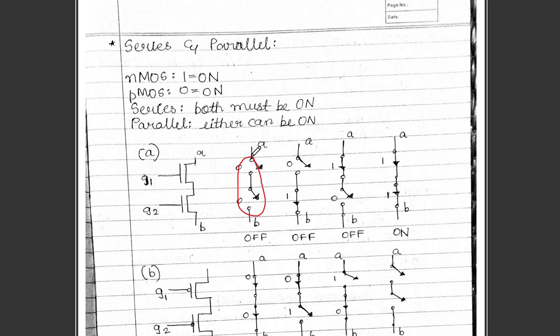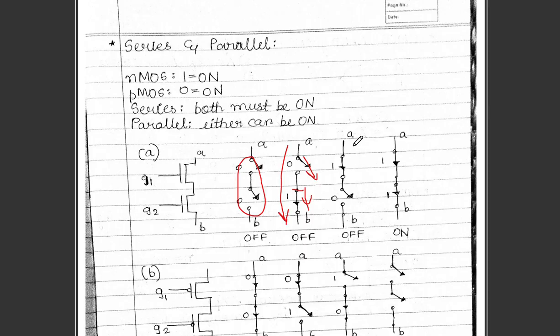Next, when A is equal to 0 and B is equal to 1, A is 0 so the transistor or switch is in off state and hence there is no path for current flow, whereas B is a closed switch, it's in on state, but there is still no path for current to flow. Here there is a breakdown in the connection, and hence the circuit is in off state.